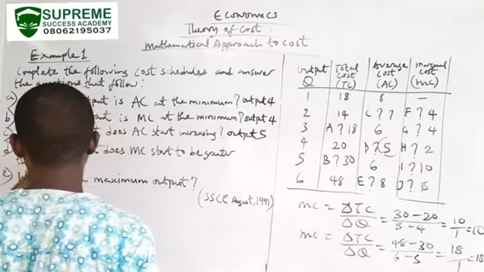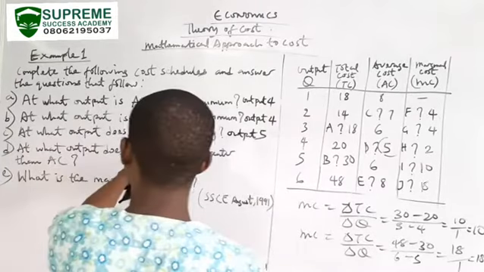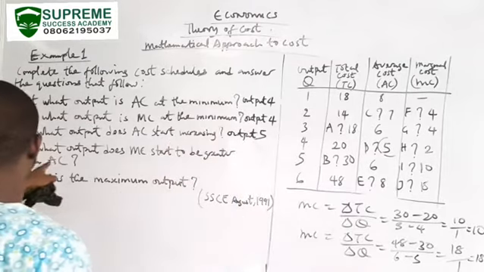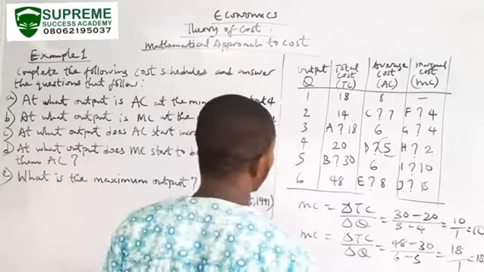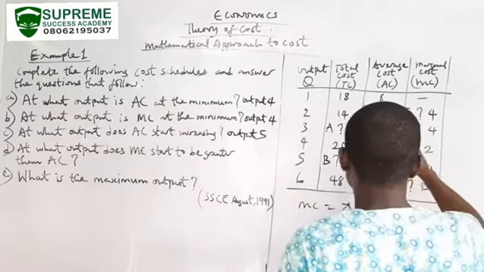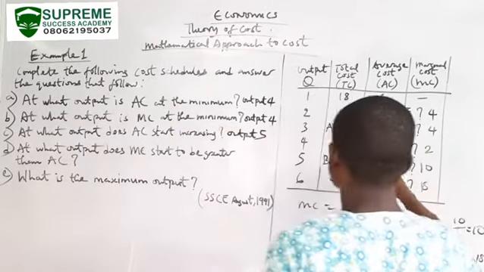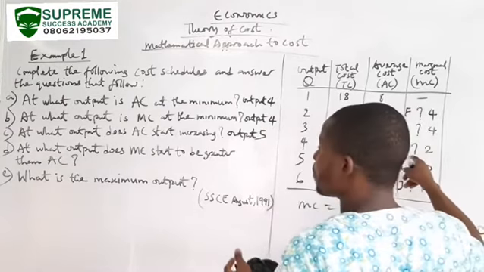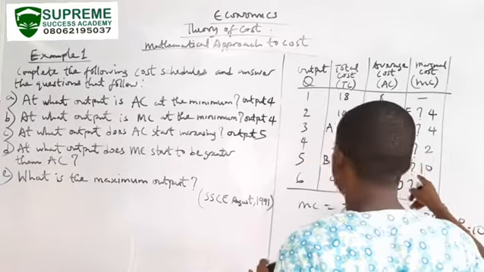So the next one is, at what output does MC start to be greater than AC? We are trying to do a kind of comparison here. At what output does marginal cost start to be greater than the average cost?